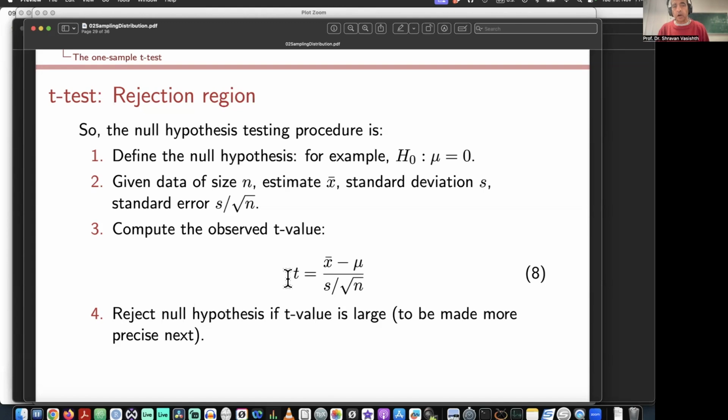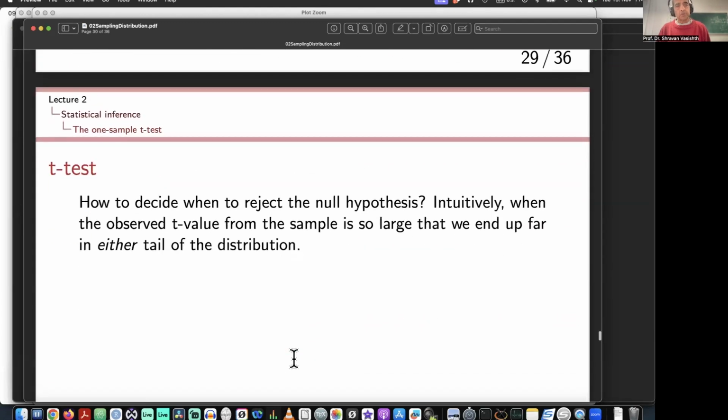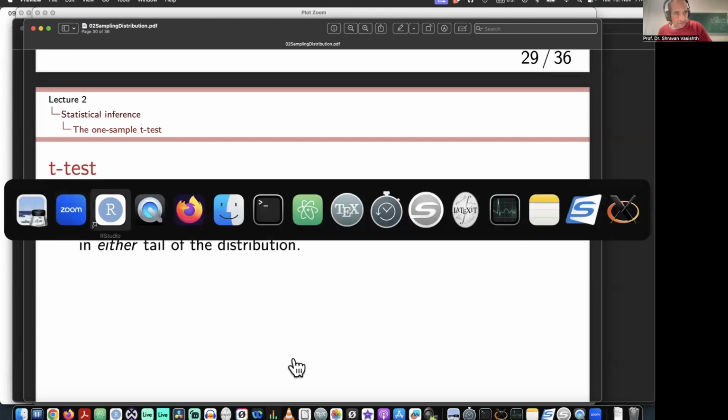So we're going to operate on the basis of the observed t-value. Right? So now the question is, how do I decide when the observed t-value is large enough or not? Right? How do I decide this? So intuitively, the way we want to quantify large enough for observed t-value is to say the following, right?